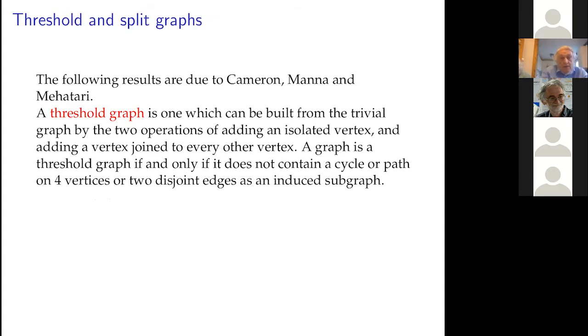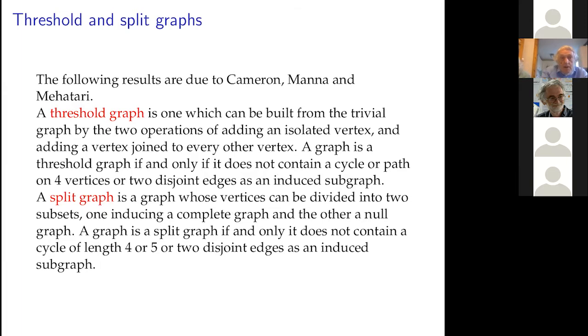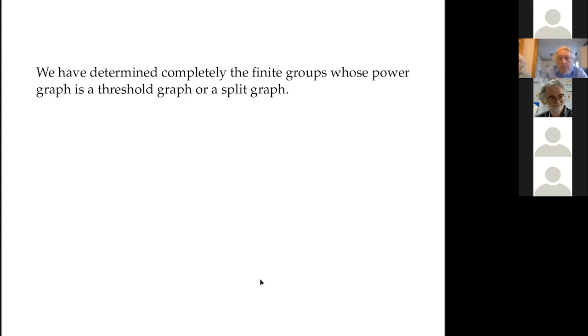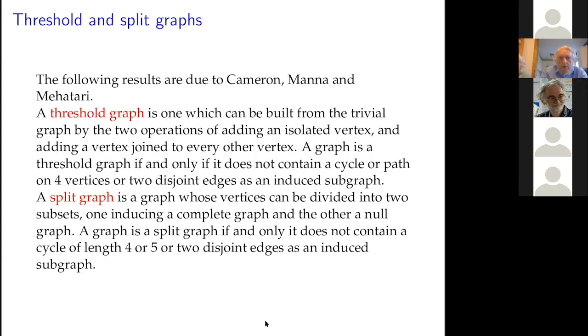And a split graph is a graph whose vertices can be divided into two subsets, one inducing a complete graph, the other a null graph. So you have a complete graph and a null graph, and some edges between them, arbitrary edges between them, but every vertex lies either in the complete or in the null graph.